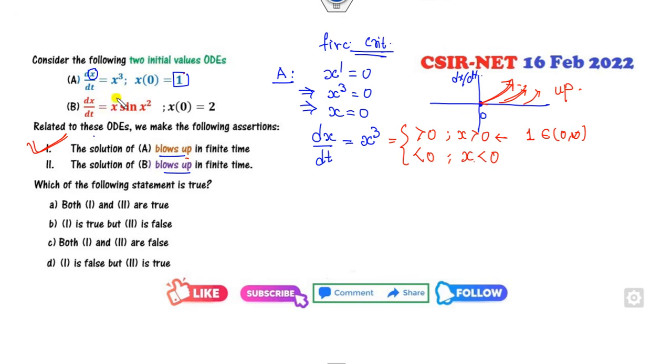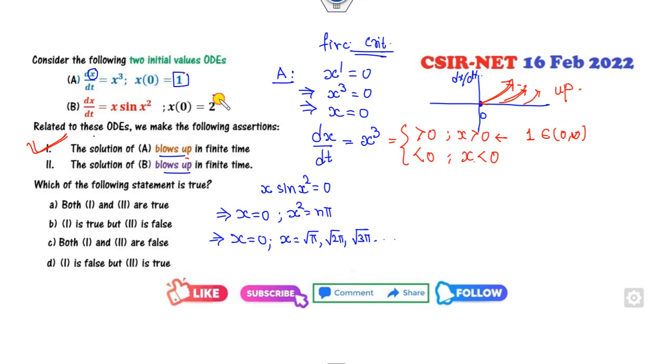Look at the second one. Find the critical point. x sine of x square will be 0. Either x is 0 or x square will be n pi. That means x will be 0 or x will be root pi, root 2 pi, root 3 pi and so on. Under which case does the 2 lie in between them?